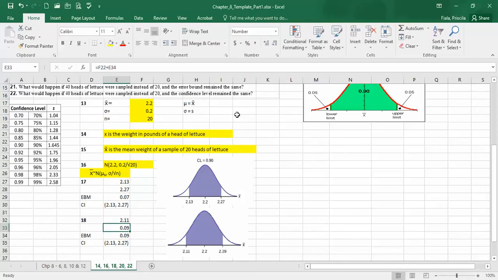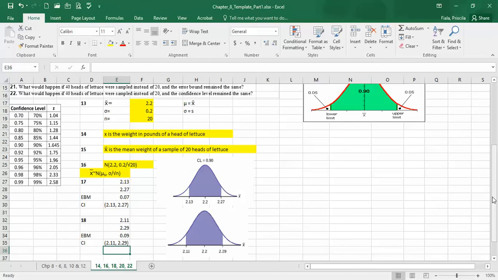Here we go. And then same thing here, my average plus. So for my lower bound, it's going to be 2.2 minus the 9%. For my upper bound, 2.2 plus the 9%. Here's my error bound margin. Here we're going to fix it. 11, 29, which I graphed for you before and confirm my values right here.